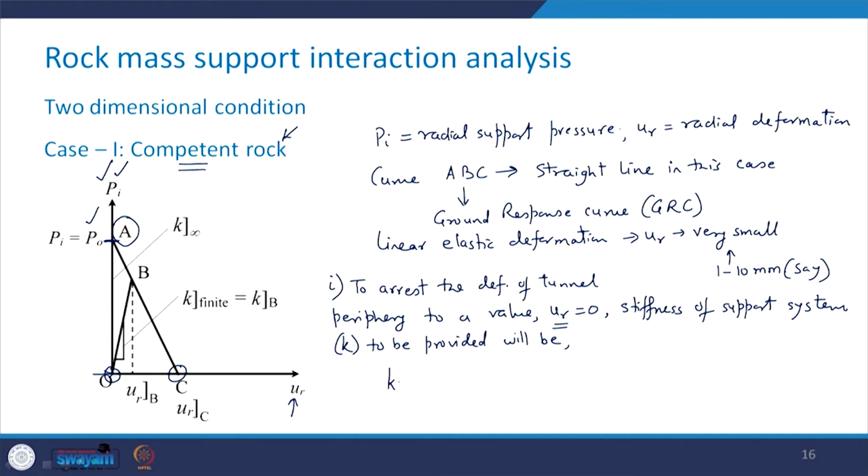So the stiffness Ks at A is going to be P naught upon 0, because this is what is UR at A, and this will tend to infinity. So you see, in order to completely arrest the deformation UR equal to 0, I have to go for the stiffness of the support system as infinity, means very, very large.